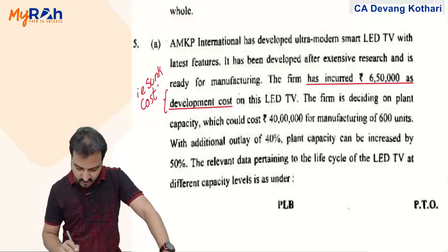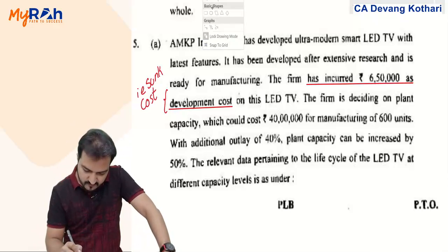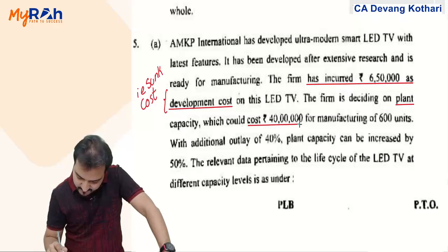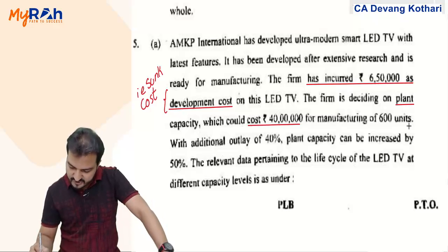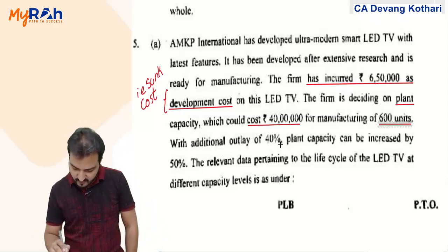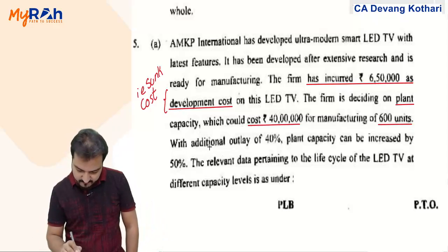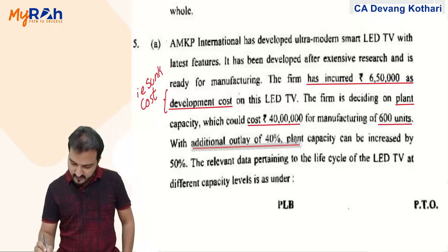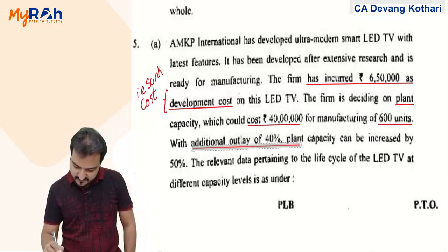The firm is deciding on a plant capacity which would cost 40 lakhs for manufacturing 600 units. With an additional capital investment of 40%, capacity can be increased by 50%.